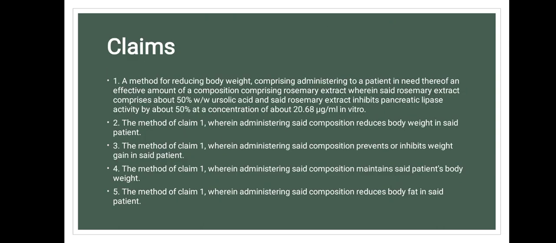Claims. There are several claims by this registered patent. A method for reducing body weight fast. The method of claim 1, wherein administering the composition reduces body weight in said patient. The second claim: to prevent and inhibit weight gain in said patient.